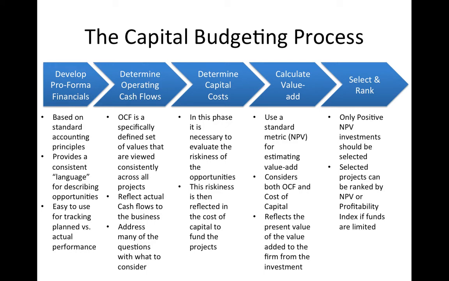Number two, using that type of approach creates a consistent language for describing the opportunities. One person may want to talk to you about how if they invest in this marketing, they'll have so many more customers and so many more sales.